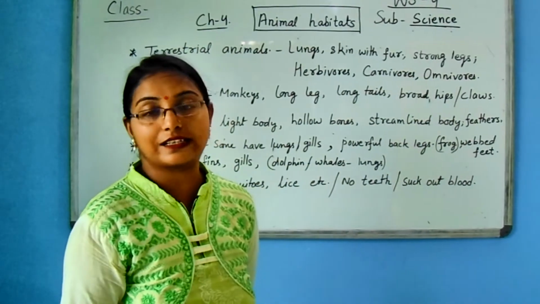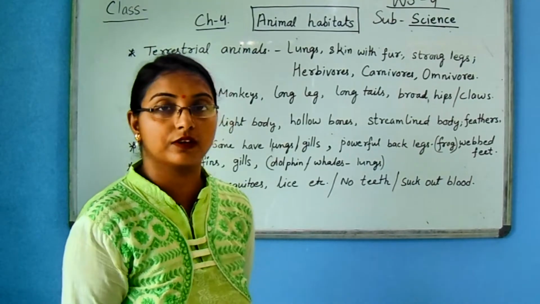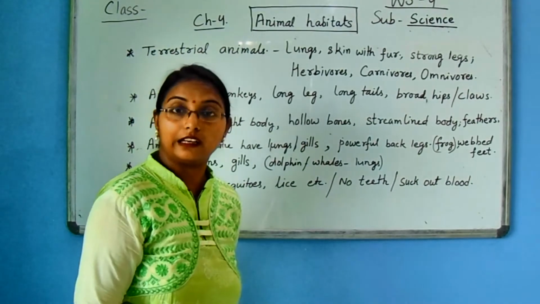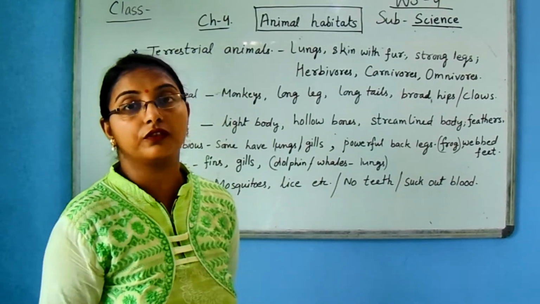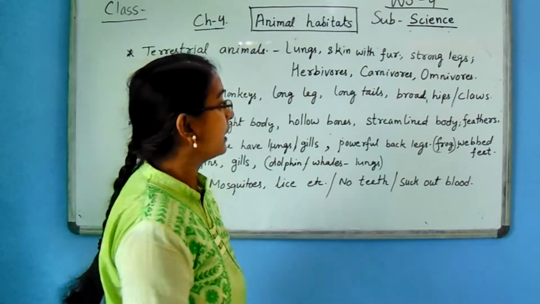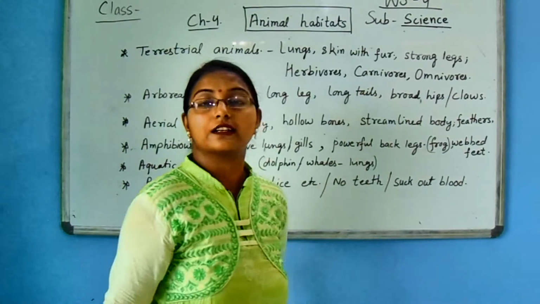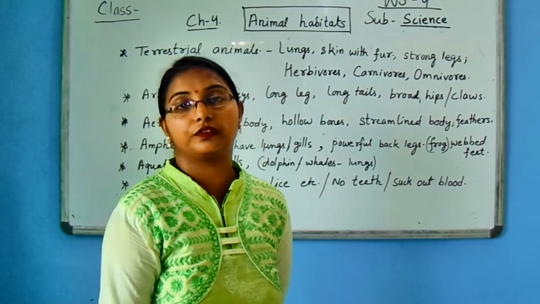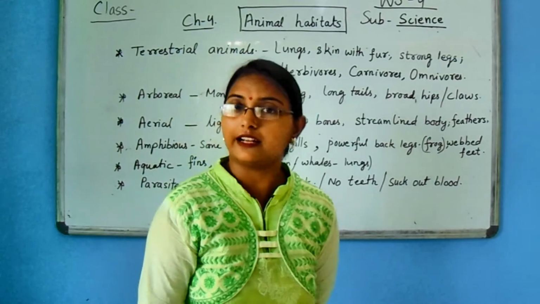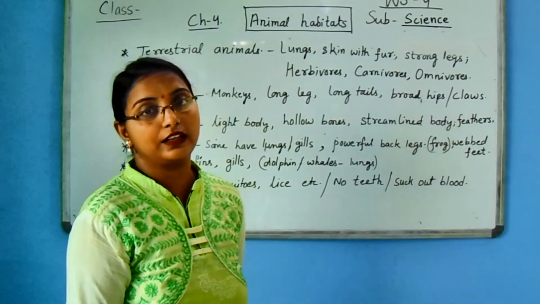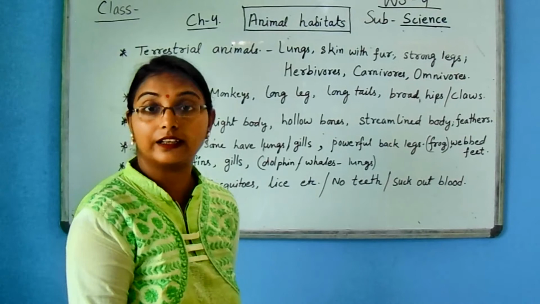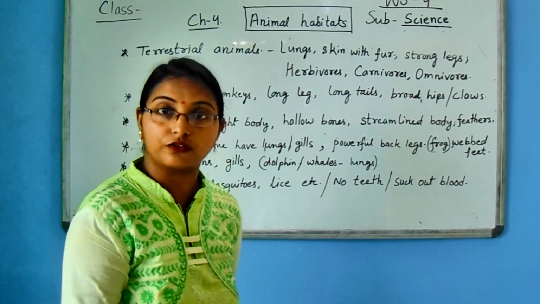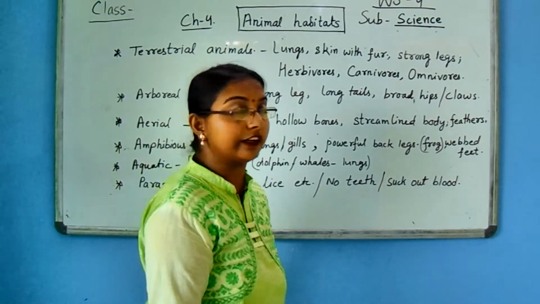Carnivorous. Carnivorous animals are the animals that eat the flesh of other animals, like jackal, wolf, tiger, lion, etc. They live on the flesh of other animals by eating them.